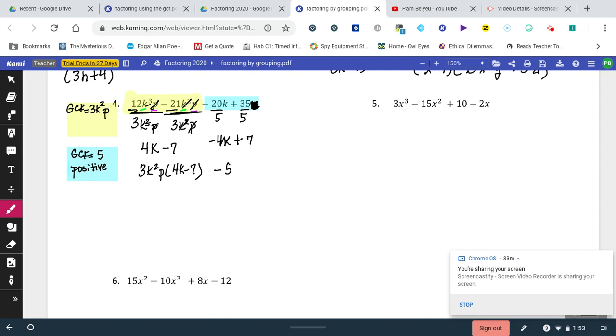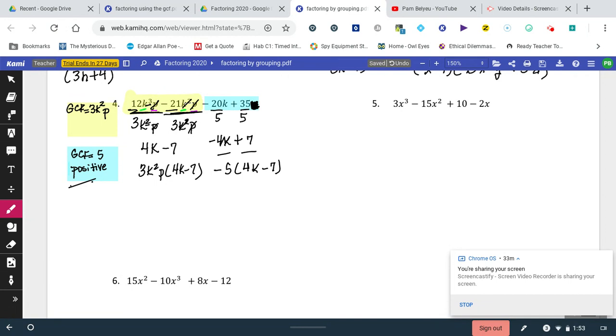And instead of writing negative 4k plus 7, you're going to write positive 4k minus 7. That's really your factor, not the negative 1. So you change this to its opposite, and change that to its opposite. That's what you do if you mess up and they don't match and the signs are different. You start changing the second pair of factors in the blue block to the opposites.